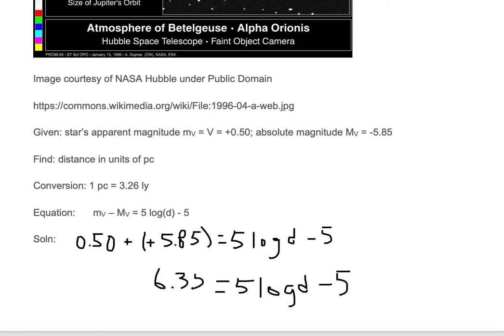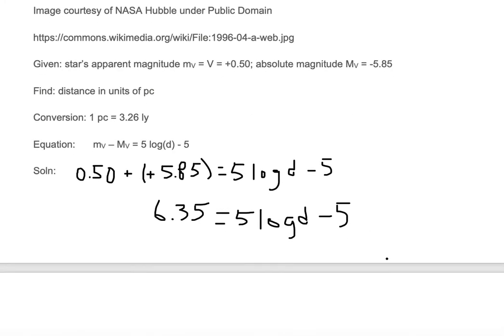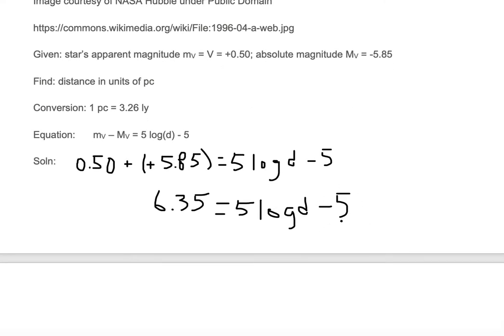Now remember, we want to isolate d on the right-hand side of the equation. So the next thing we want to do is get rid of this minus 5. So we want to add 5 to both sides of the equation. The right side is just 5 log d minus 5 plus 5. Your minus 5 adds with a plus 5, and you're left with just 5 log d, because minus 5 cancels with plus 5.